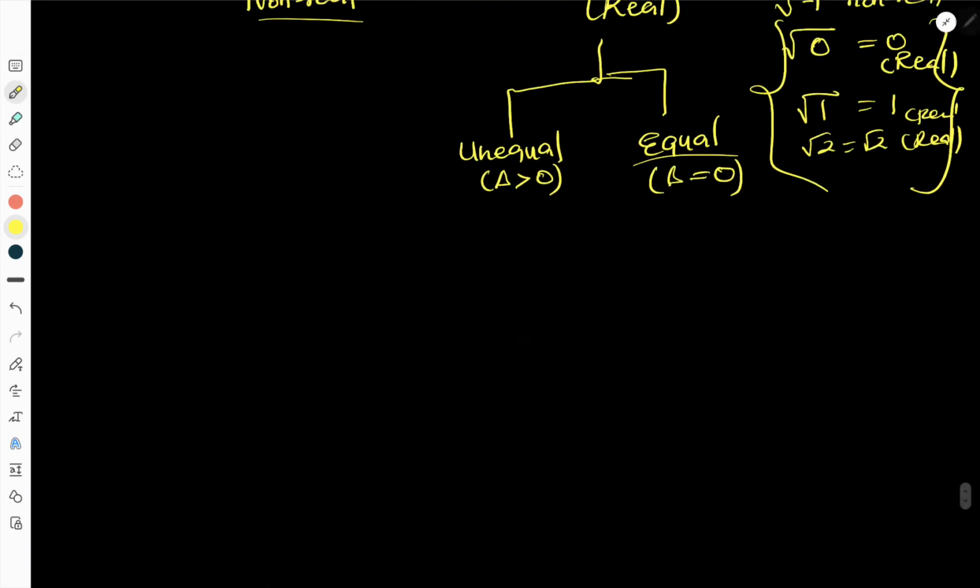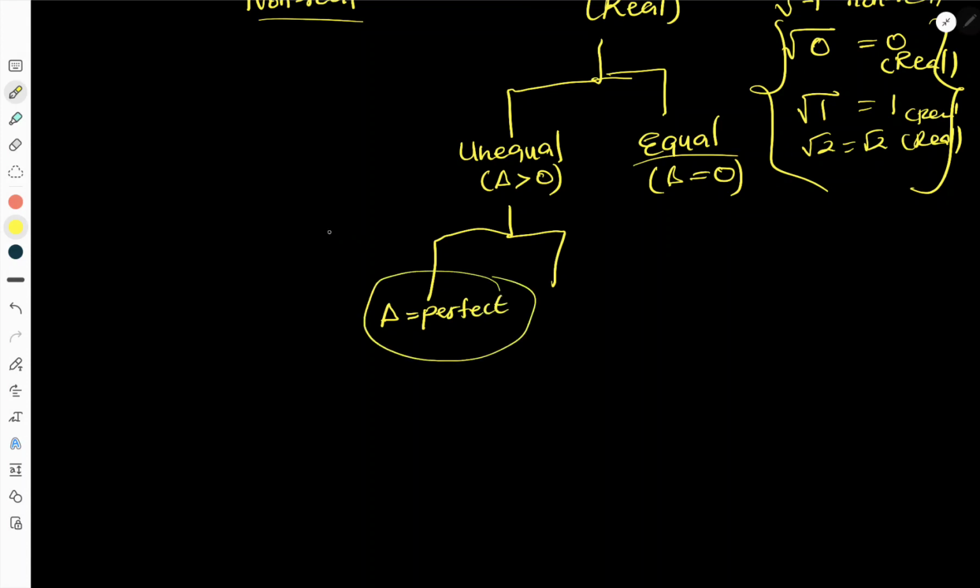Then it will lastly branch under unequal, where we look at when delta is perfect. Perfect means the square root there is perfect, meaning that you have the square root of 36, which is 6, the square root of 144, the square root of 121. Remember these.